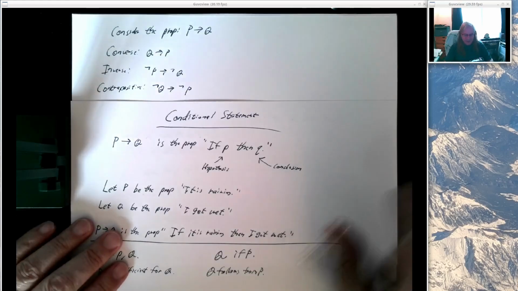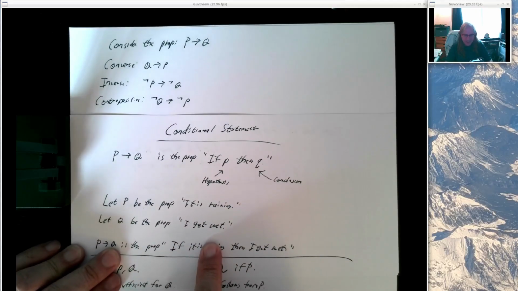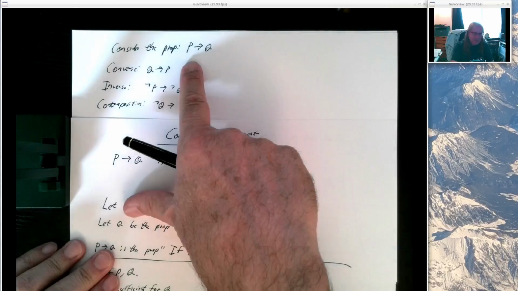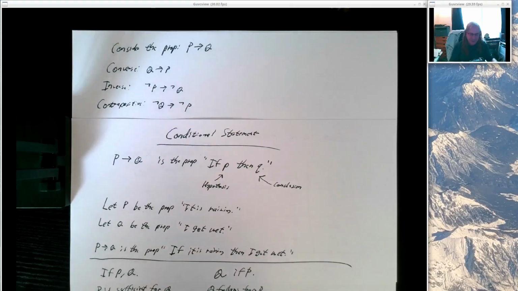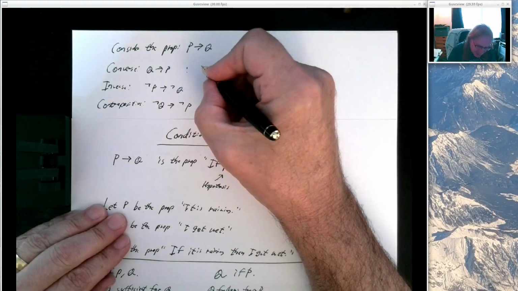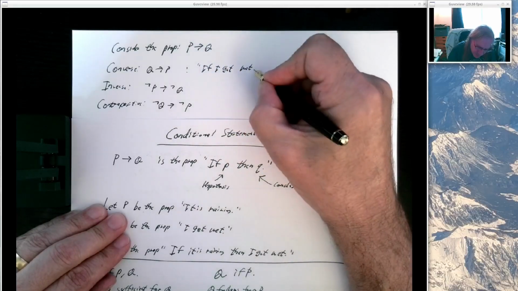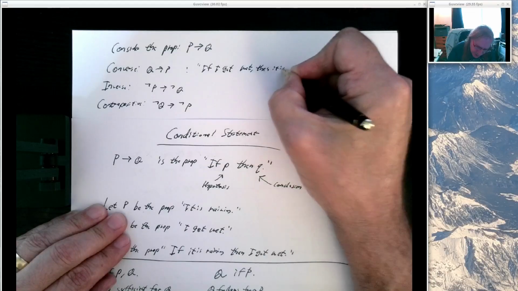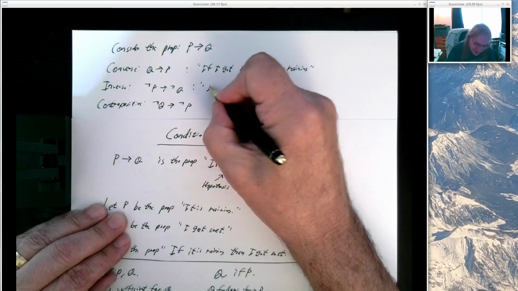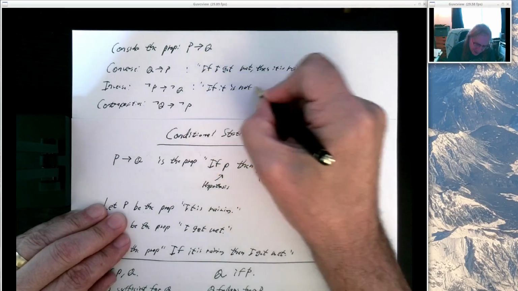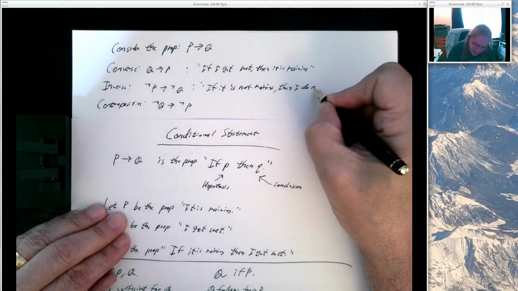Okay, so let's go back to our earlier propositions. Let P be the proposition it is raining. Let Q be the proposition I get wet. So our original proposition says if it is raining, then I get wet. The converse says if I get wet, then it is raining. The inverse says if it is not raining, then I do not get wet.